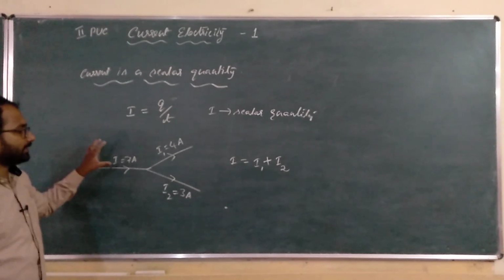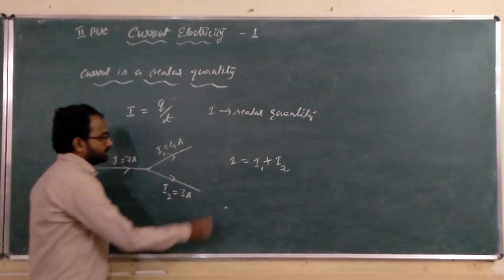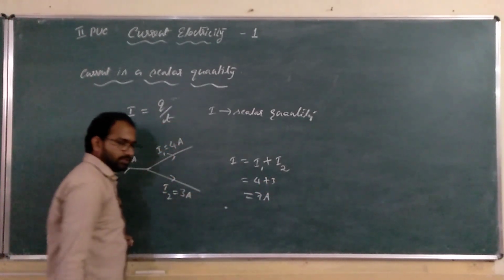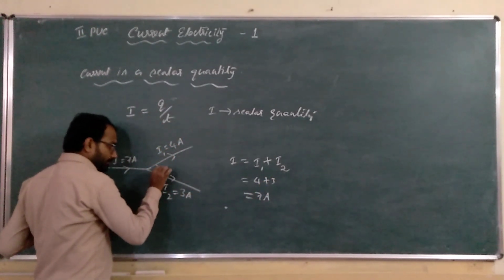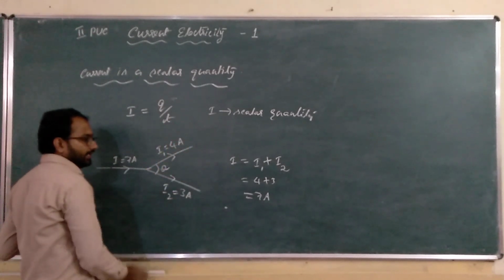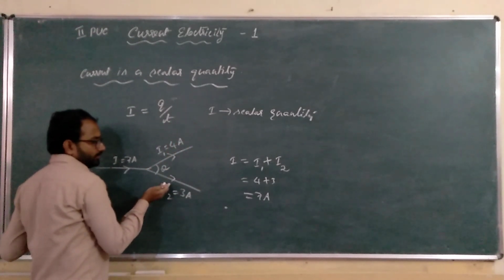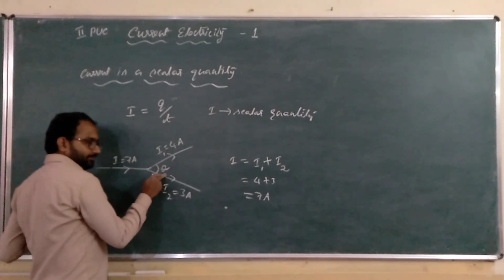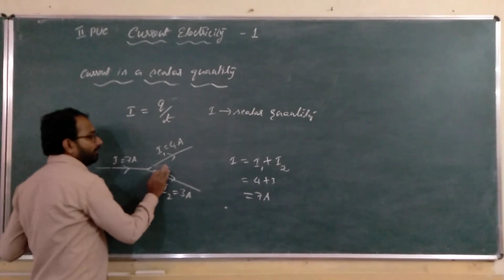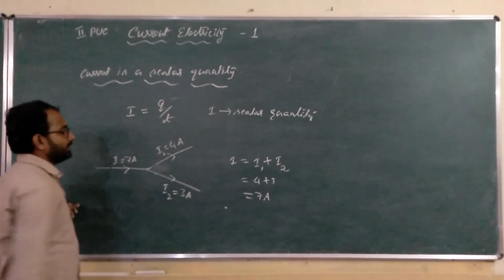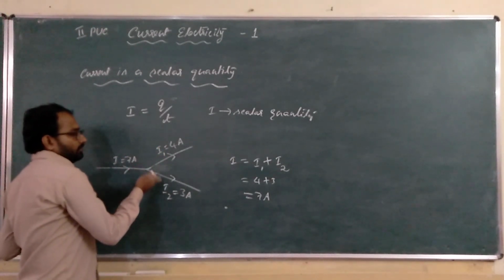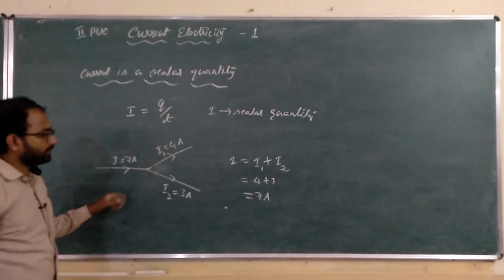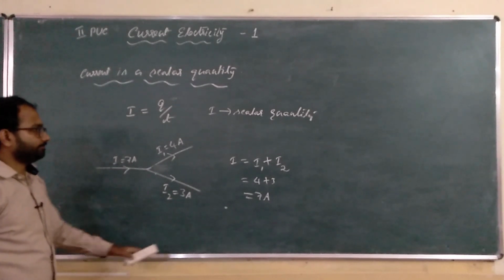You get 4 plus 3, which is equal to 7 ampere, and it does not depend on the angle between these two. Whatever the angle theta between them, current is not dependent on it, because it is not a vector quantity, it is a scalar quantity. So the net value of current is just the algebraic sum of the individual currents.